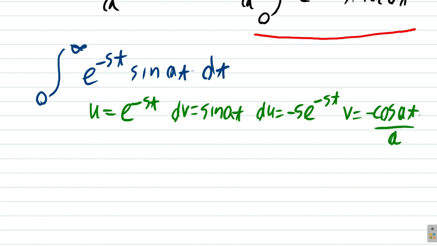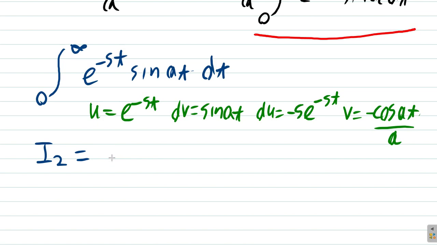Alright, so what we have is the integral from 0 to infinity. Let's keep it as it is. We could call it I2, the second integration that we're going to do. We called the previous one I1, so let's call this I2.